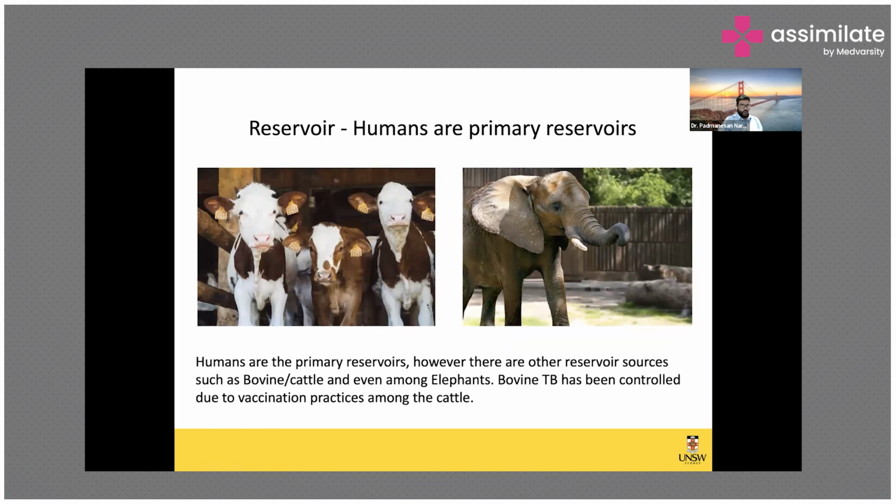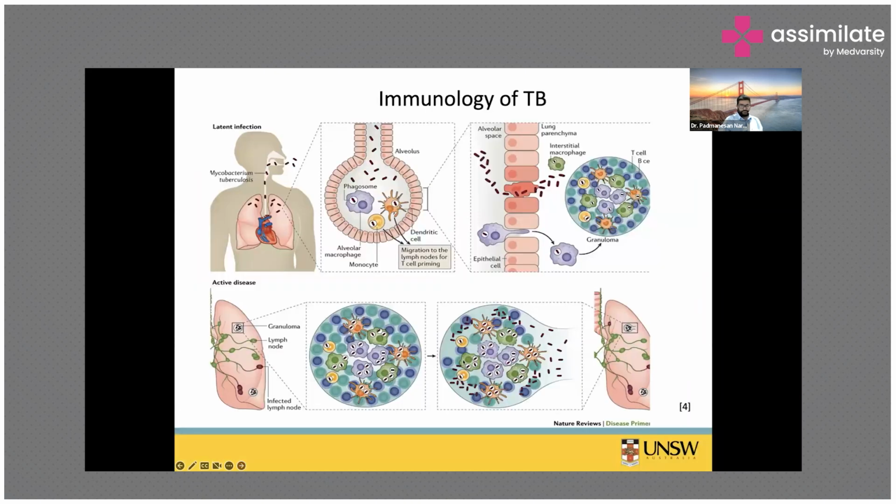But fortunately, we boil the milk these days, and we also have pasteurized milk, and therefore we see very little TB from cattle, which is called bovine TB. But there are some incidents where TB can also be contracted through animals like elephants or other animals. But humans are the primary reservoirs for tuberculosis.